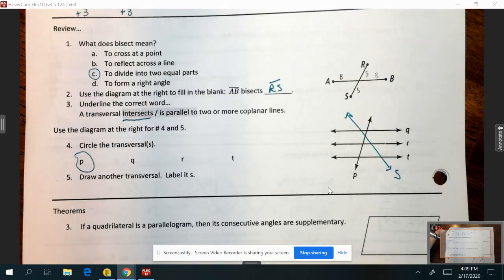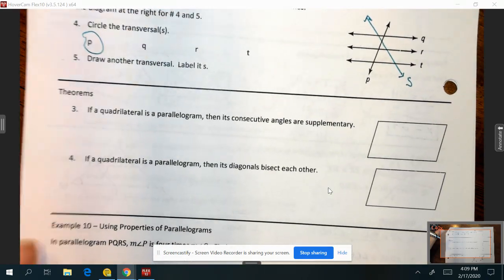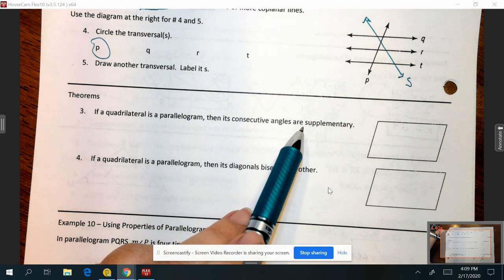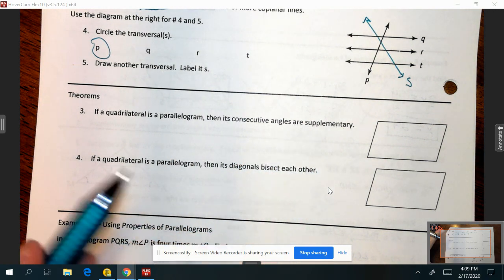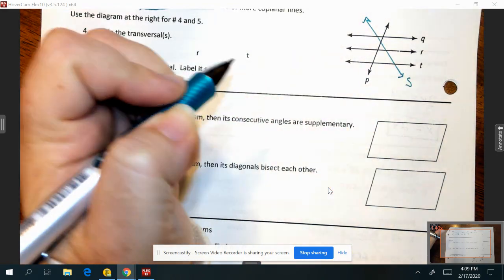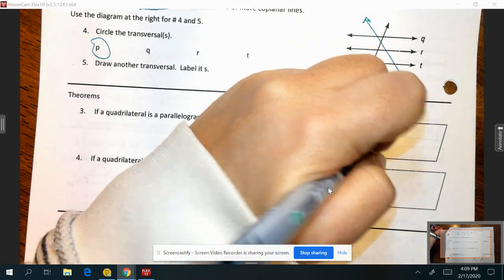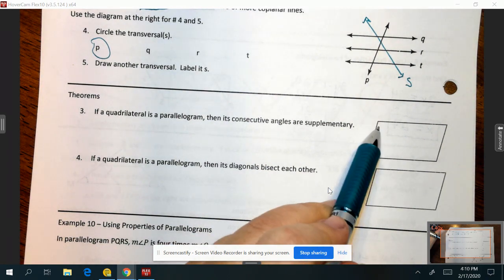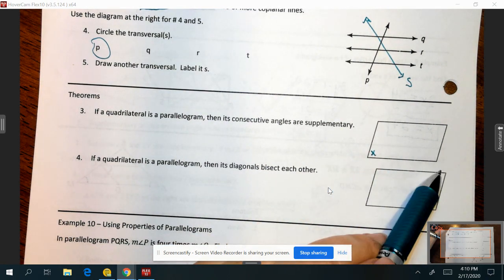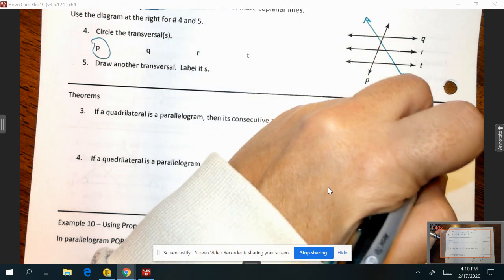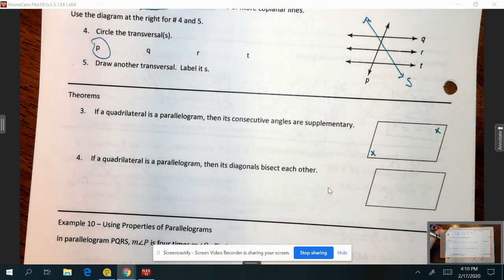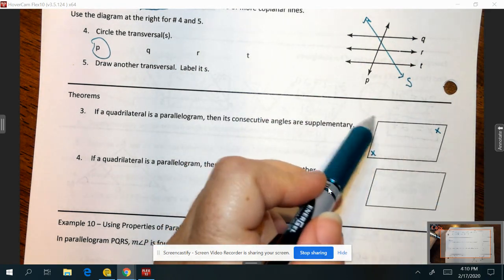Okay, so our first theorem now is that if a quadrilateral is a parallelogram, then its consecutive angles are supplementary. So if this angle is labeled as X, the consecutive angles would be these, the ones right next to it. Remember, opposite angles are the same, so this one would also be X. But these are not also X's.